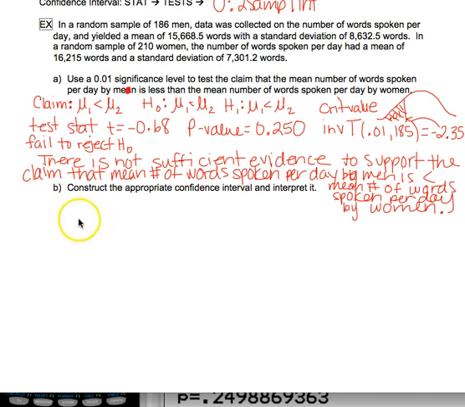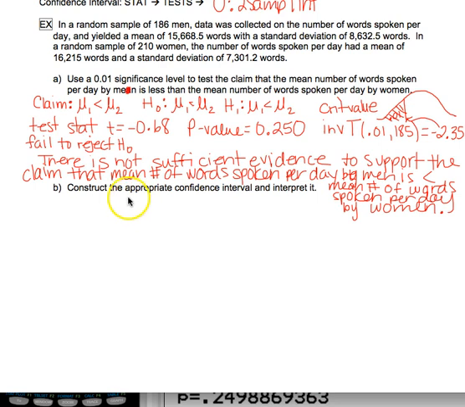All right, so last thing is to construct the appropriate confidence interval. And in the last lesson, we kind of introduced how that confidence interval relates to our claims. So it's going to work the same way here when we go to interpret it. Now, before we can interpret it, we have to actually construct it.